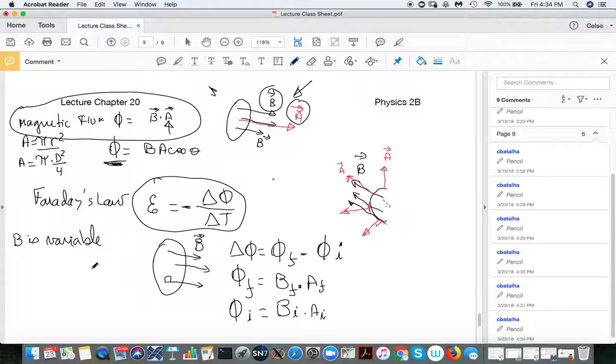So, just for the sake of making it simple, let's say you have a B that in a given time interval has an initial value of 0 Tesla, and the final quantity is 10 to the minus 4 Tesla. Again, just to make it simple, I'm creating numbers.